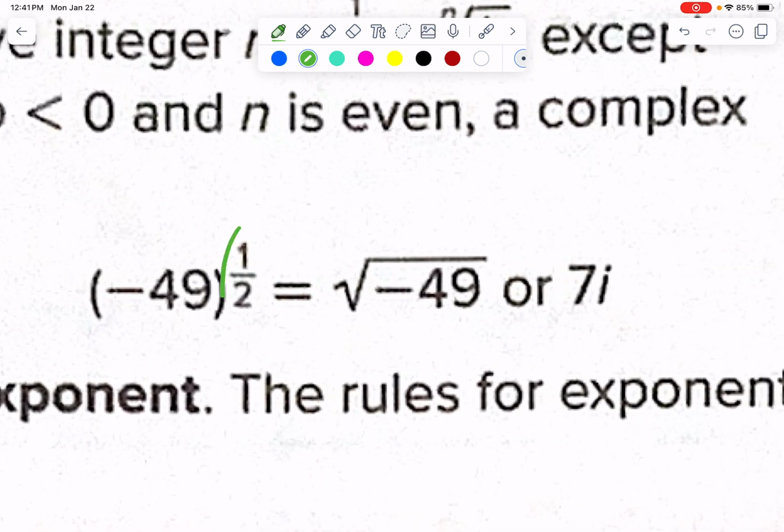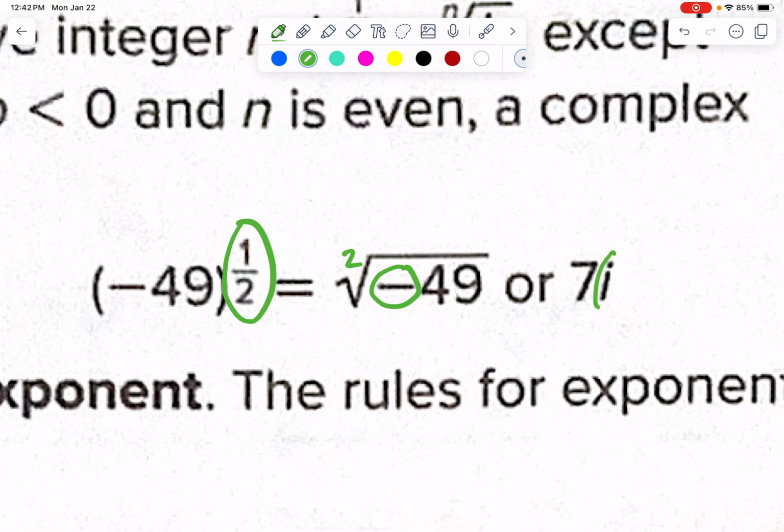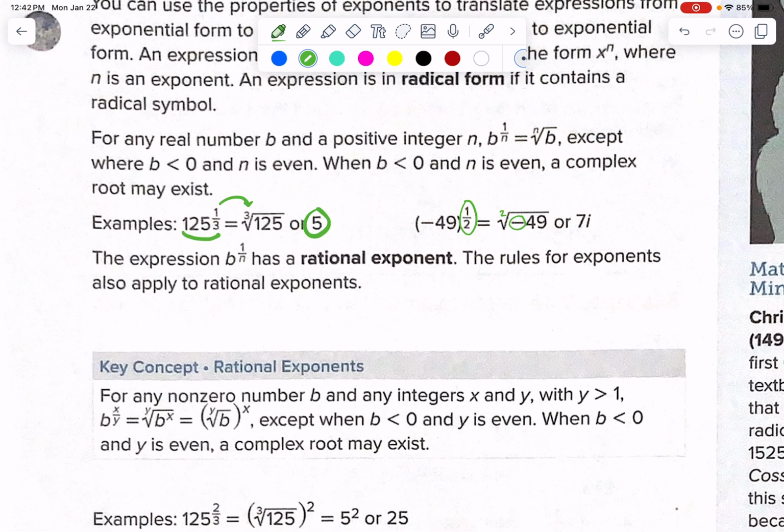The 1/2 power means the square root of -49. Now we know you can't take the square root of a negative number, so we know we're going to have an i in there, but the square root of 49 is 7. So 7i is the answer to that problem, okay? And that is converting rational exponents, so fractional exponents, into roots, okay?